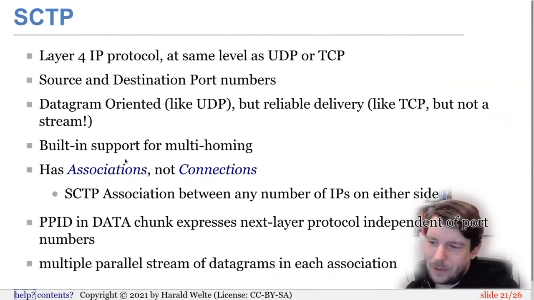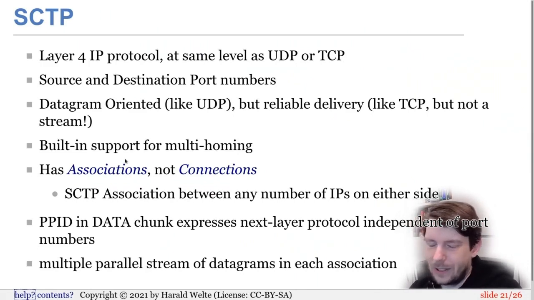It has built-in support for multi-homing. Multi-homing means you have multiple IP addresses on either side of your SCTP, and that's why they call this an association. So in SCTP, you don't talk about a connection. TCP has a connection, but SCTP doesn't. It has an association, because it is between any number of IPs on the left side and any number of IPs on the right-hand side.